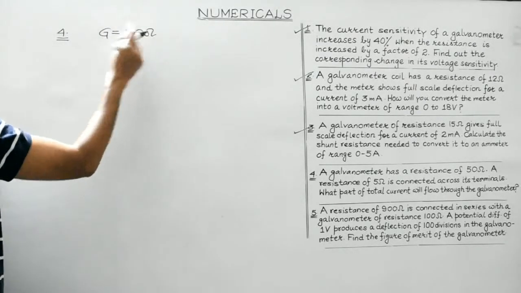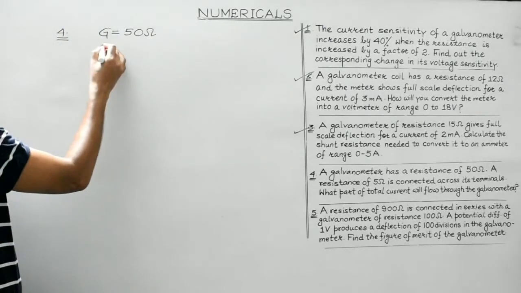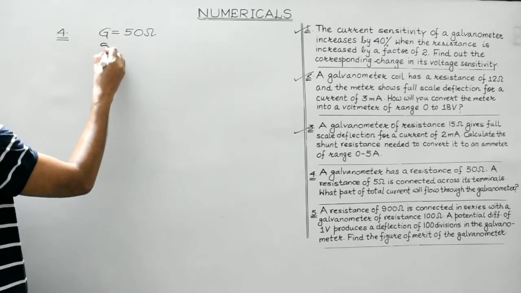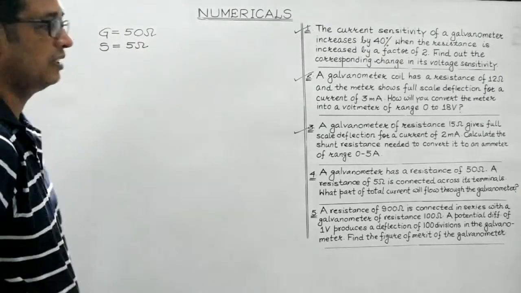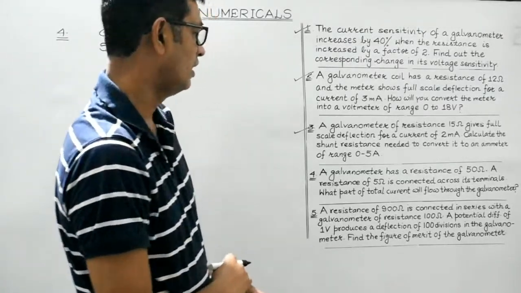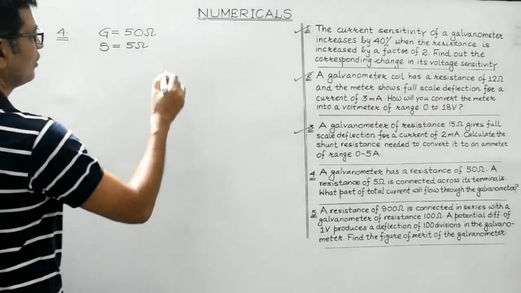Galvanometer resistance is considered to be capital G. A resistance of 5 ohm is connected across its terminal. Across. It is the shunt. Across in parallel, right? What part of total current will flow through the galvanometer? Okay, that's an interesting question.